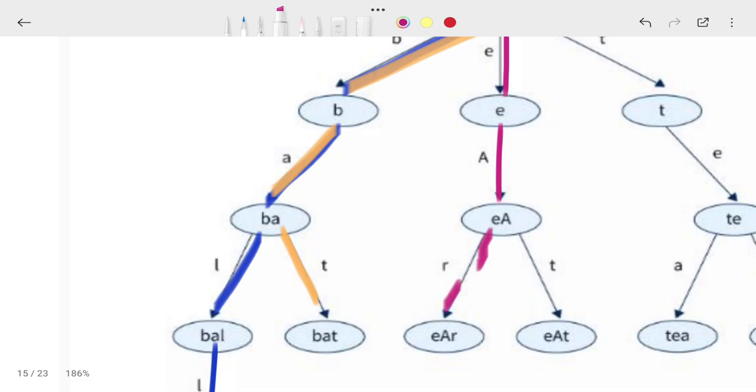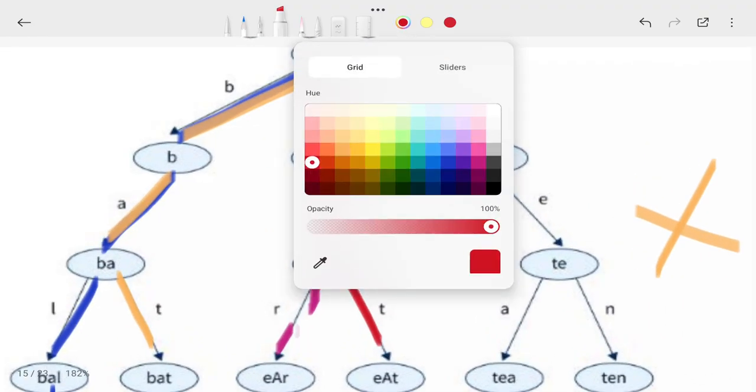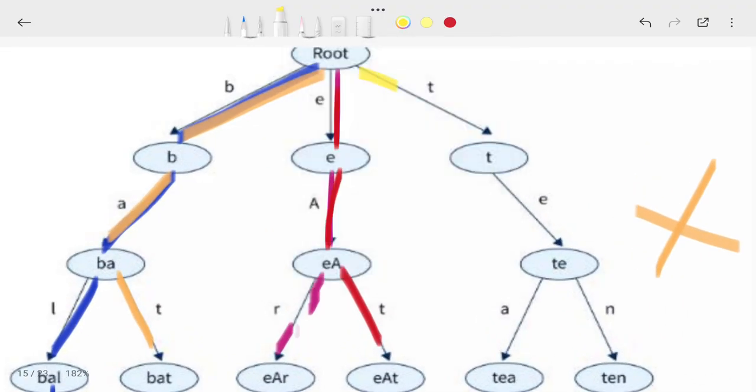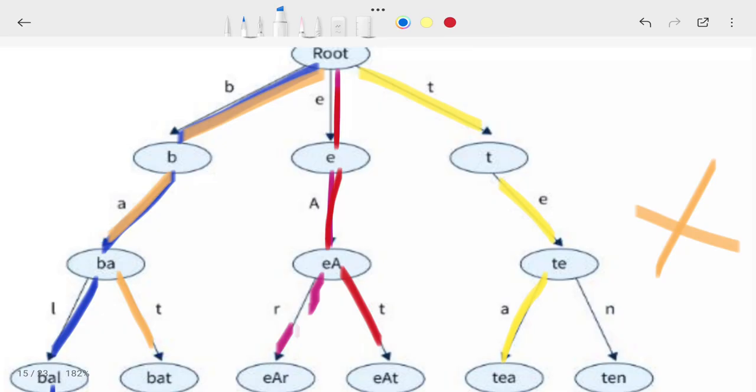And you have another one E, A, T, eat. So now another one is equal to T, E, A, T. Similarly another one I have E, T, E, N.